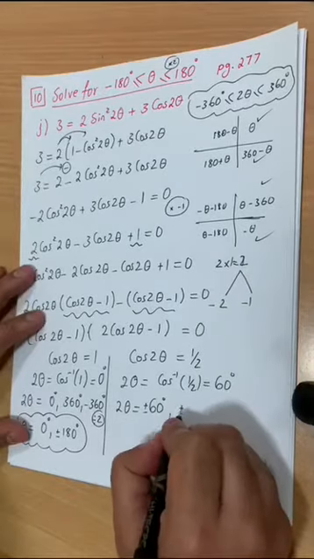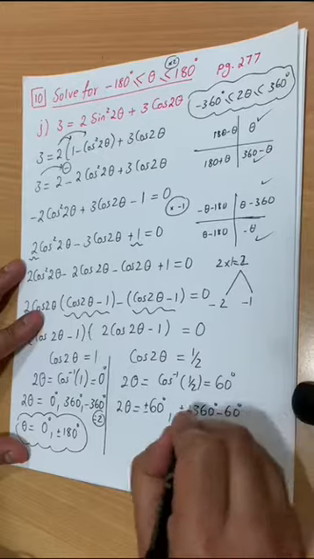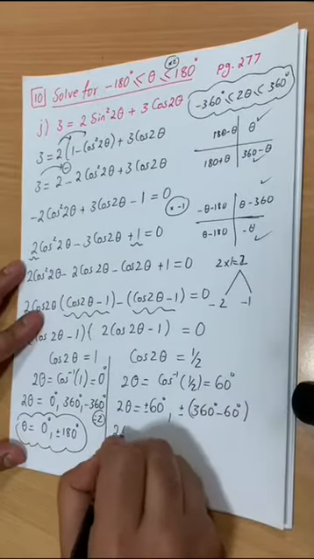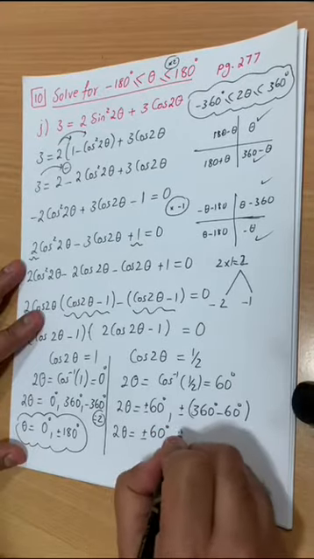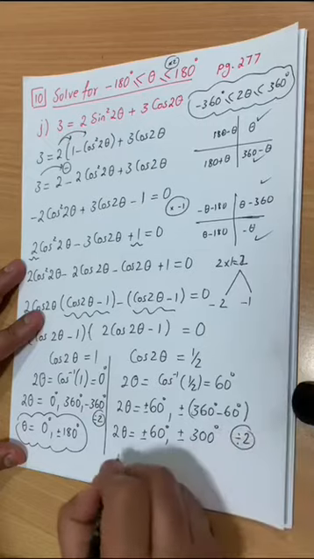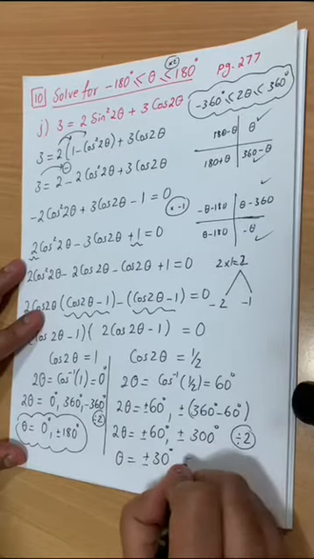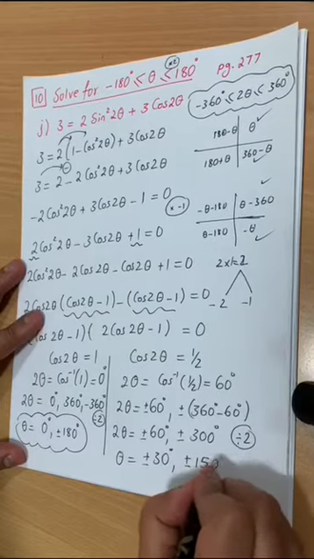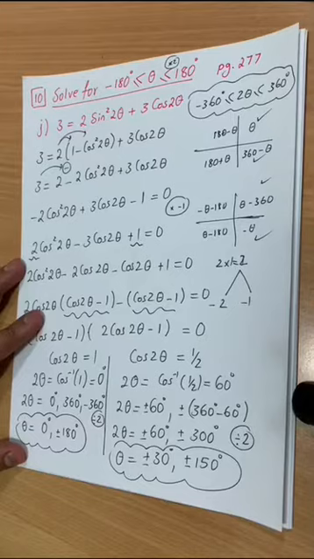You can write positive and negative. 360 minus 60. 2 theta equals positive and negative 60, positive and negative 300. You need to divide both sides by 2. Theta equals positive and negative 30, positive and negative 150. These are the angles.